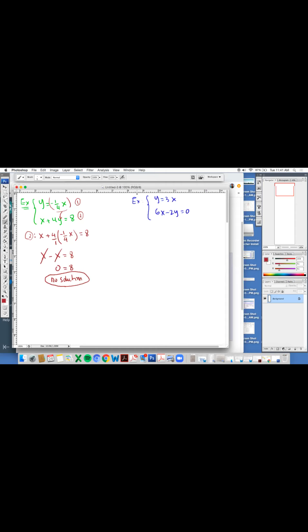Okay, all right, so how about you guys try this example here? y is 3x and 6x minus 2y is 0.